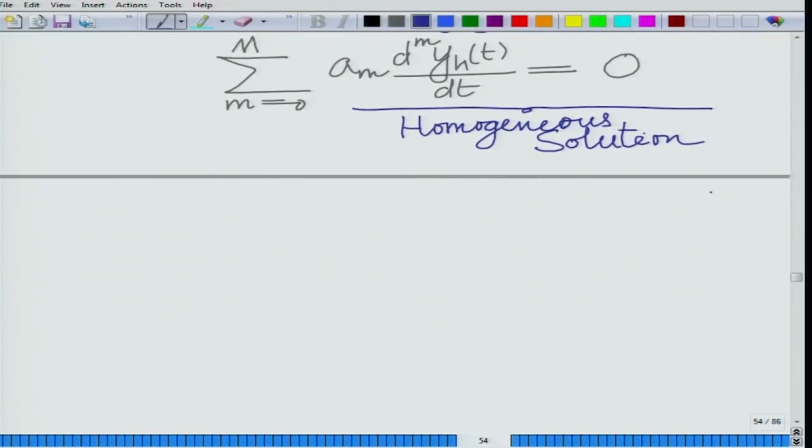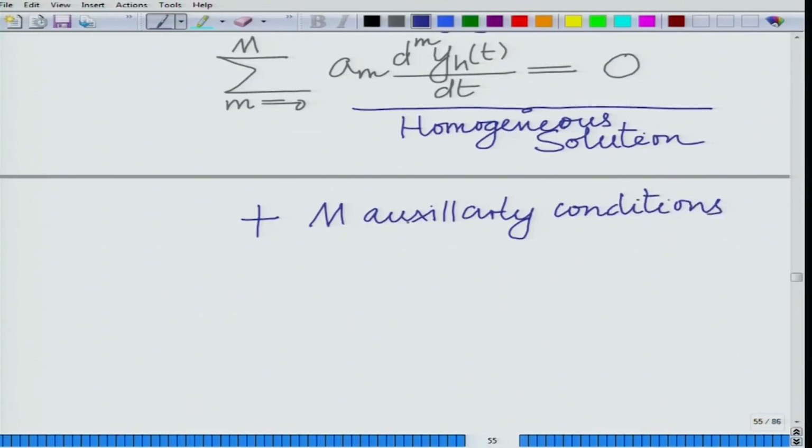Plus, to solve this we need m auxiliary conditions, also termed as the initial conditions or boundary conditions and so on.